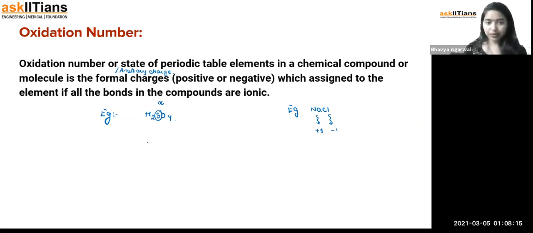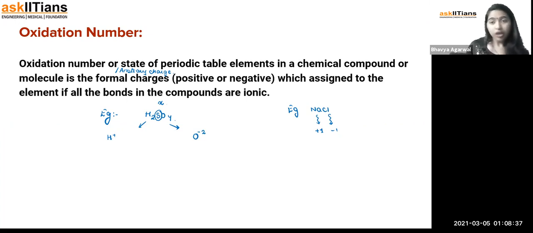So what are the other atoms? Hydrogen and oxygen. If I remove hydrogen in the form of ion, hydrogen generally is H plus. And what is the tendency of oxygen? To gain 2 electrons. So when it is removed as ion, it is removed as O2 minus.